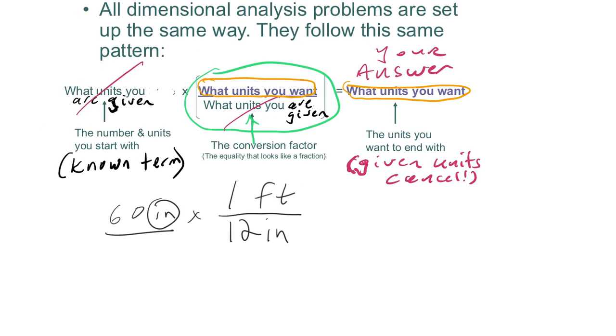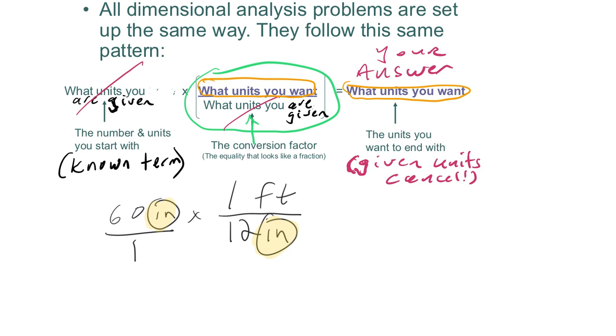Now, this is really over 1 because it stands by itself. 60 inches is 60 inches over 1. So I have a fraction on that side too. So notice, very important, you have to put the unit that you're given in the denominator of the conversion factor.